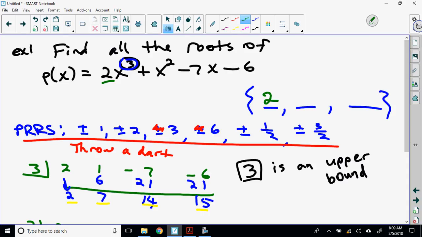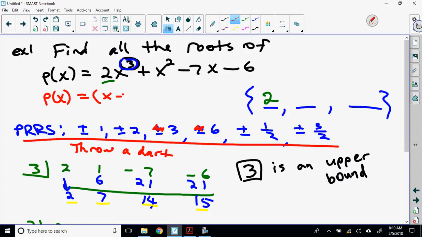So here's where some people don't quite understand what happened. What we've done is we've taken this polynomial function, and since 2 is a root, do you know what that means one of the factors is? X minus 2 is a factor, right?